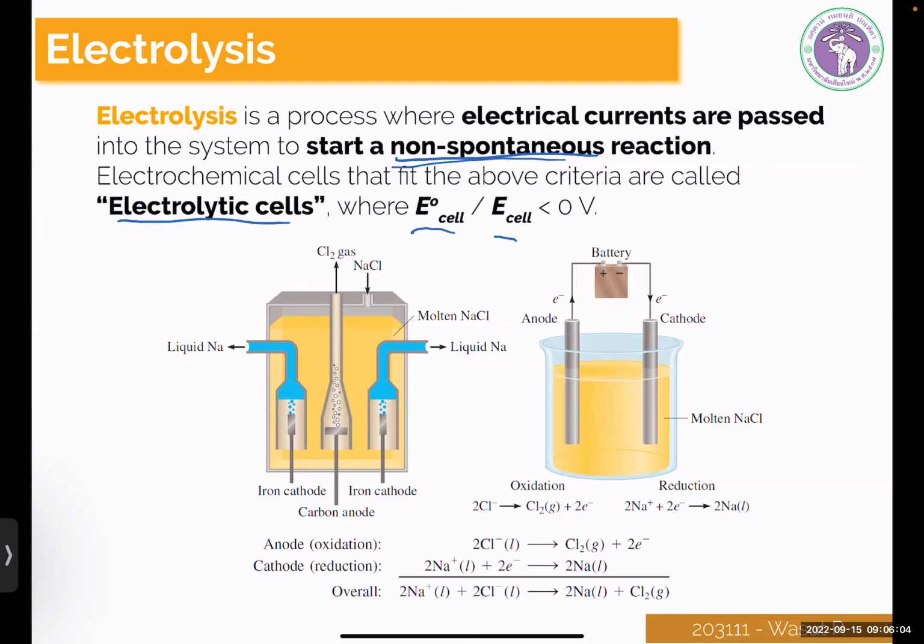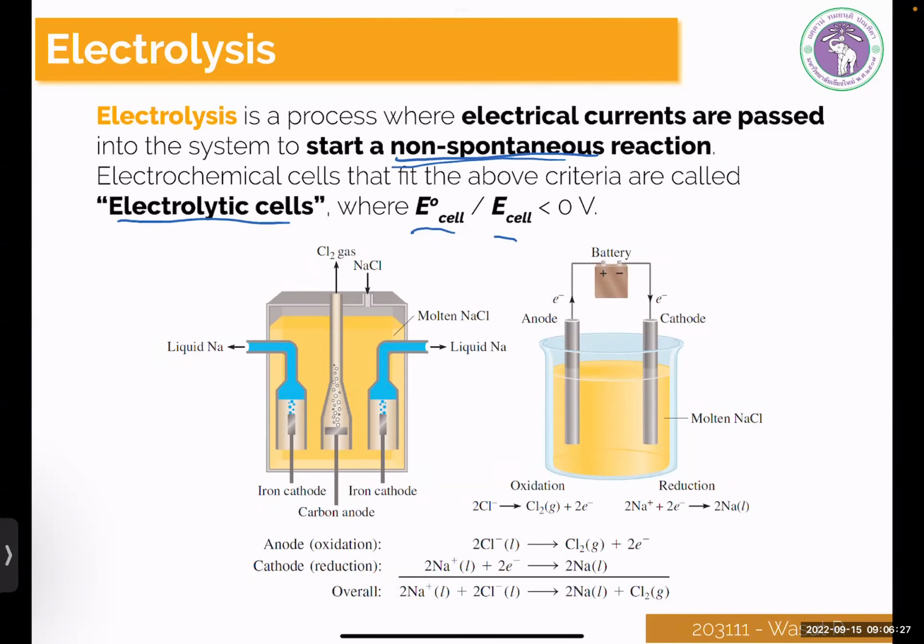The example here is the electrolysis of sodium chloride. Let's suppose you have your table salt, sodium chloride, and you heat it to a very high temperature, around 800 degrees Celsius. The sodium chloride will melt.